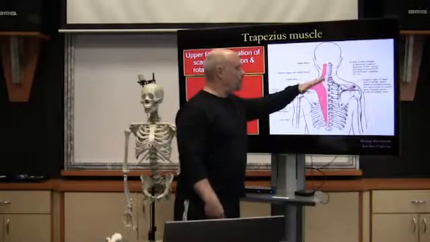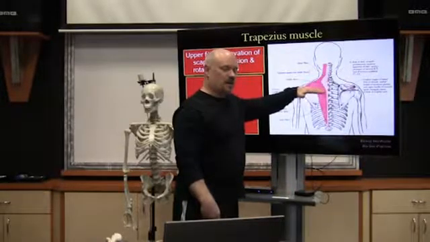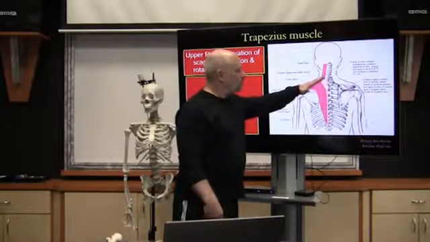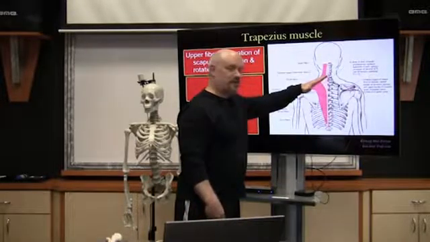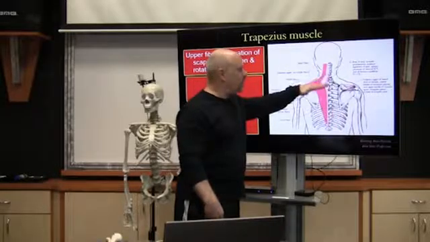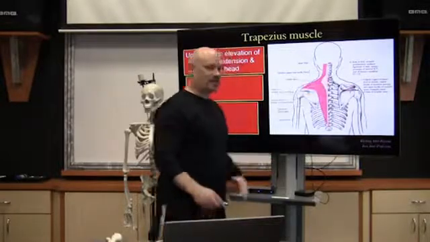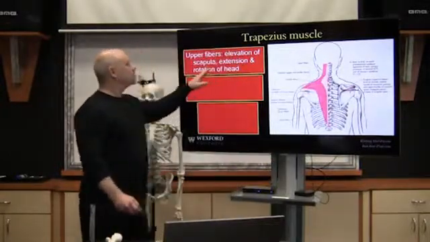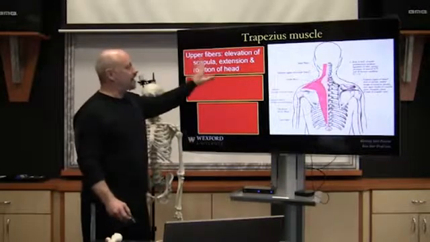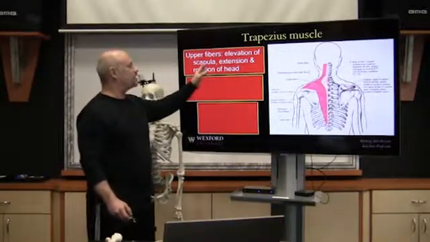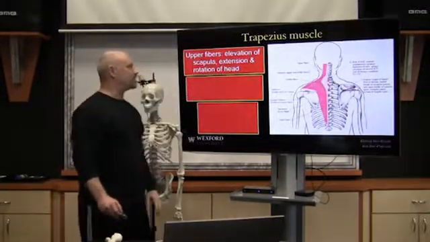Then with these fibers here, which they consider the middle fibers, we have angled fibers, which would be the upper part of traps number 2, and the lower part of traps number 2 as well. This is more elevation, some elevation and retraction. So once again, they say the upper fibers only cause elevation of the scapula, extension and rotation of the head.